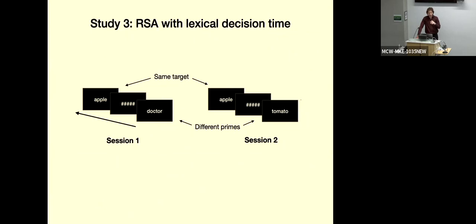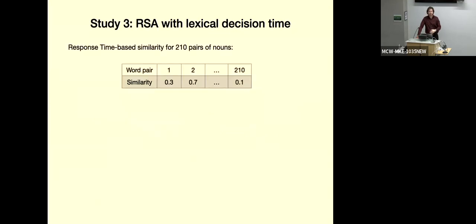And then we looked at the difference in response time to the same target word when it was preceded by the different primes. Okay? So that gives you a measure of, according to the person's brain, how similar the prime and the target were to each other, and more specifically, the difference in similarity between prime 1 and the target and prime 2 and the target. Okay?